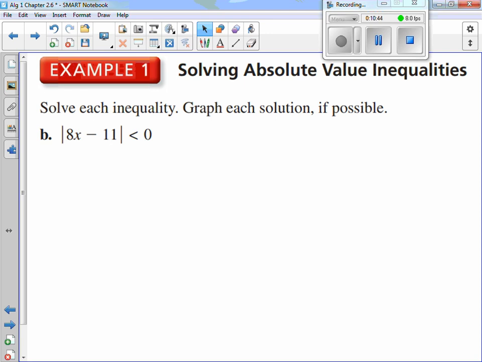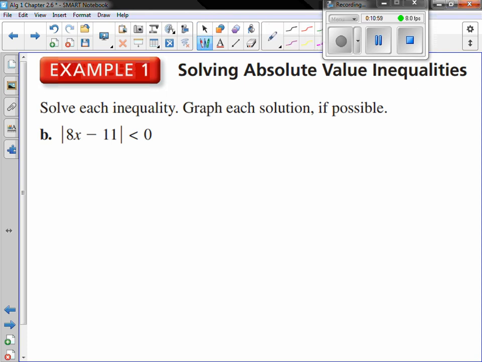Solve and graph each solution if possible. The absolute value of x minus 11 is less than 0. So our first step was what? Determine if it's an and or an or. Is this an and statement or an or statement?